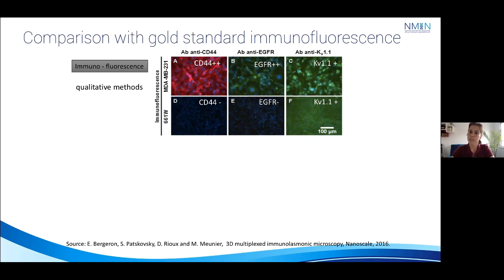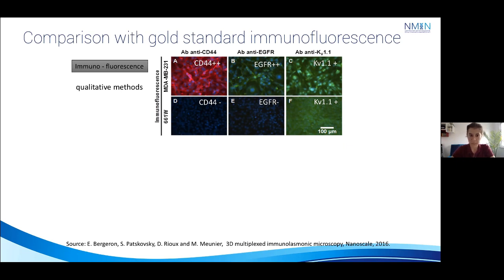Then we also did the demonstration on two different cell lines expressing different levels of CD44, EGFR, and KB1.1. The immunofluorescence that you can see here on the top showed the expression of the three markers on the MDA-MB-231, while the cell line 661W is positive for the KB1.1, while it's negative for the two other markers.